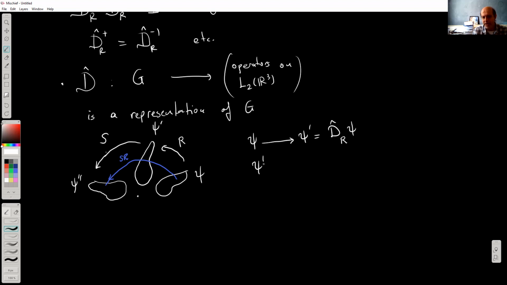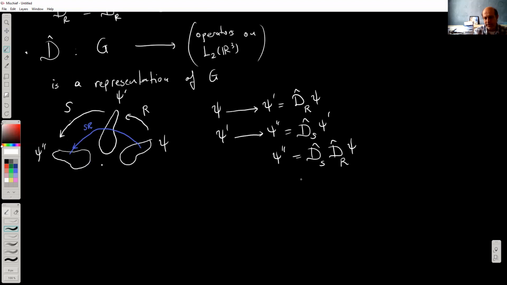And from psi prime to psi double prime, because I'm rotating this one with S, this is obtained by applying D_S on psi prime, which means I'm applying the product D_S multiplied with D_R applied on psi, right?